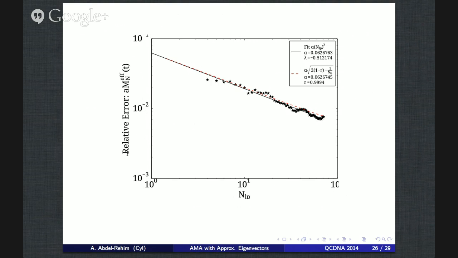So the stars are the actual numbers, and the solid line is the 1 over square root of the number of low precision solves that we did, and the red is a fit to these data, which shows that this correlation is very, very close to 1. So it works very well here as well. We have a very good correlation, and our errors basically go like 1 over square root of n.